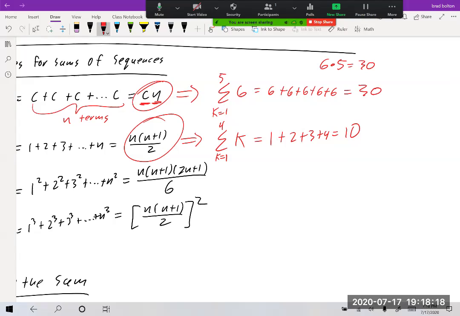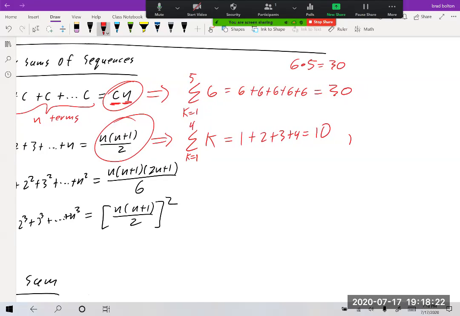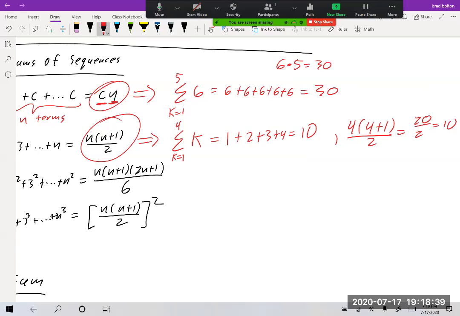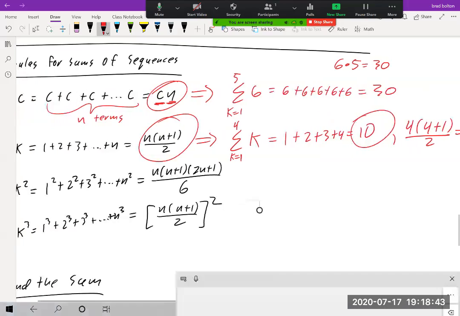You're not going to add all those up, that's too much. The formula says you can do the same thing, but all you have to do is tell it the stopping point. In this case, the stopping point is 4. So I would do 4 times 4 plus 1, divided by 2. 4 plus 1 is 5, times 4 is 20, over 2, which is 10, the same number. So this is just you trusting that these formulas work, okay?